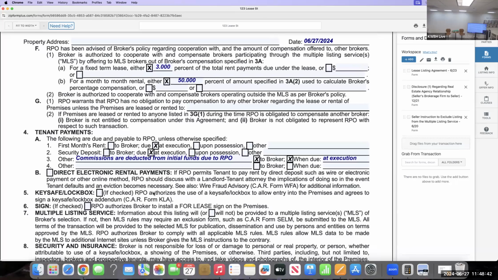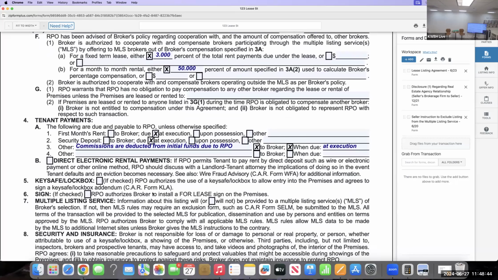If you're the tenant's broker, how do you make sure that it's filled out like this off of the landlord? Good question. So if I'm representing the tenant, remember I went to Rent Spree and I sent the application to my clients. They filled out the application.